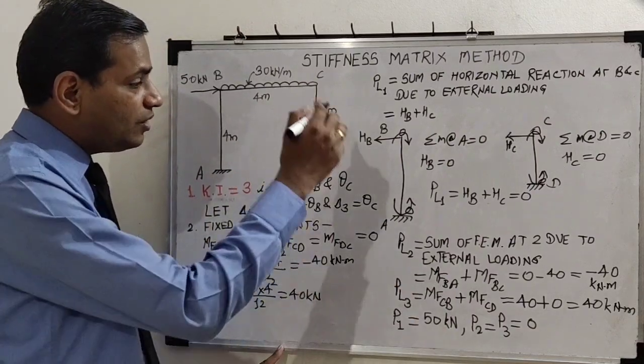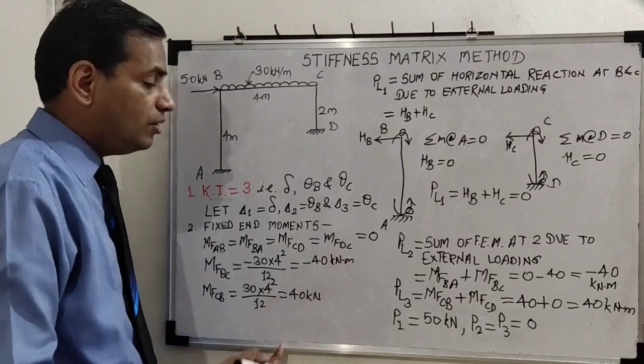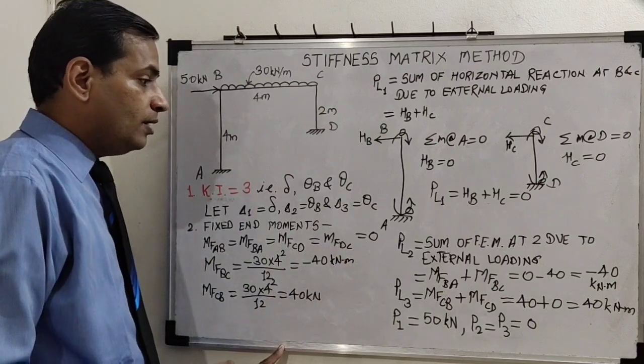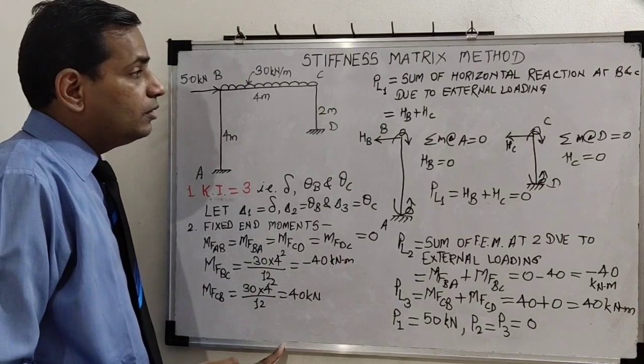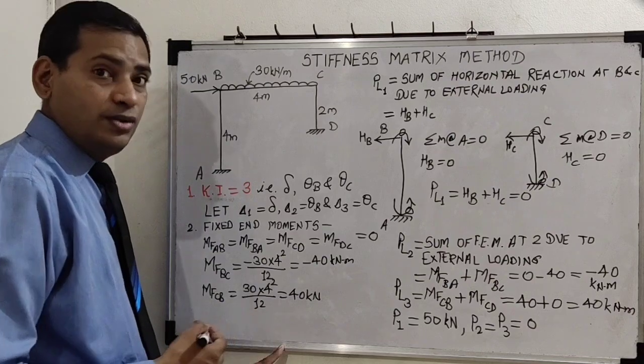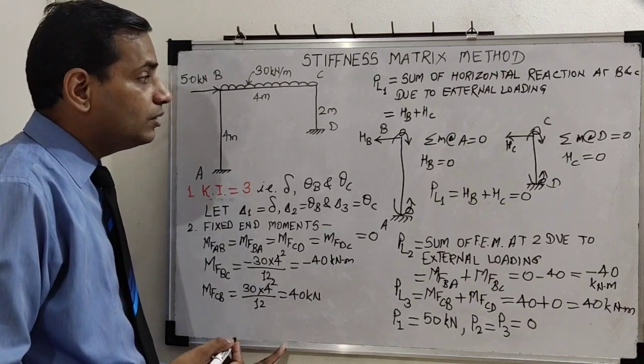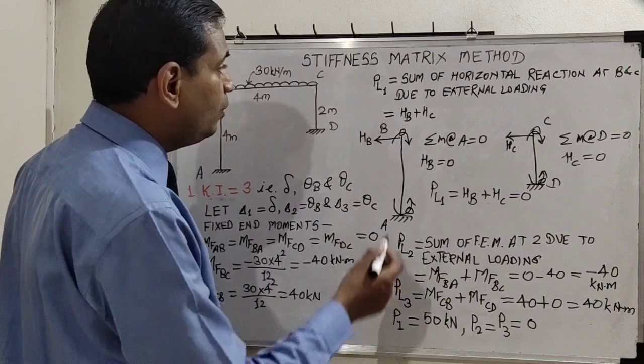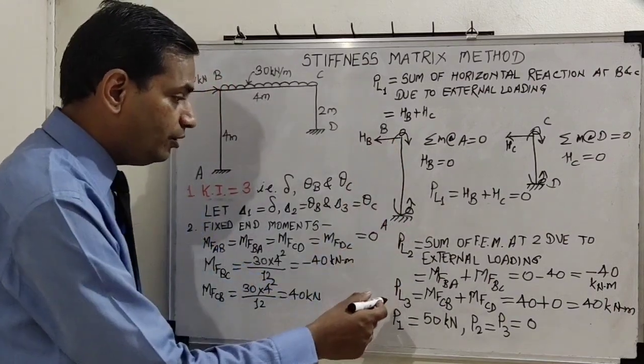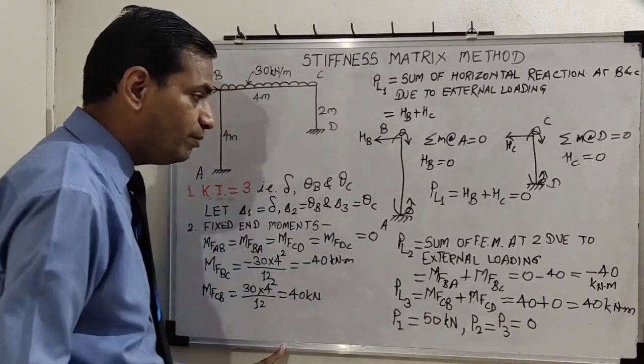Okay, so these are our 6 values of the matrix or the equation. Now we will go for K values one by one. Just for reference, I will note down again PL1, PL2, PL3 and P1, P2, P3.